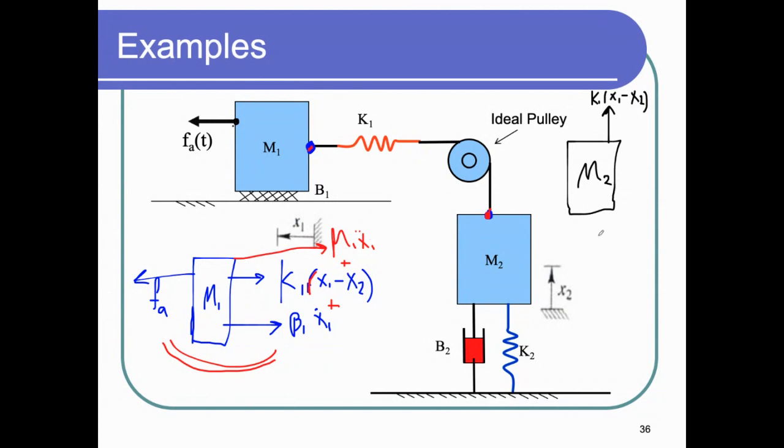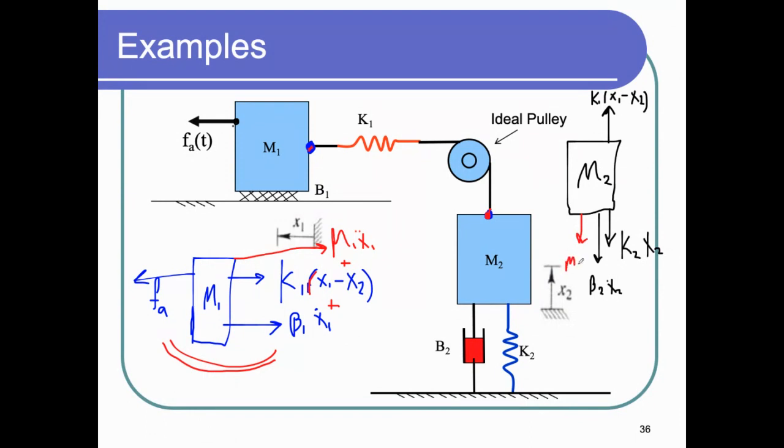Okay. So for M2, we have two obvious forces. I'll write it down here, which is K2 X2. Another obvious force is B2 X2 dot. Now we have two more forces. One of them is the inertial force. I'll put it in red because people forget it. I'm the first one to forget it.